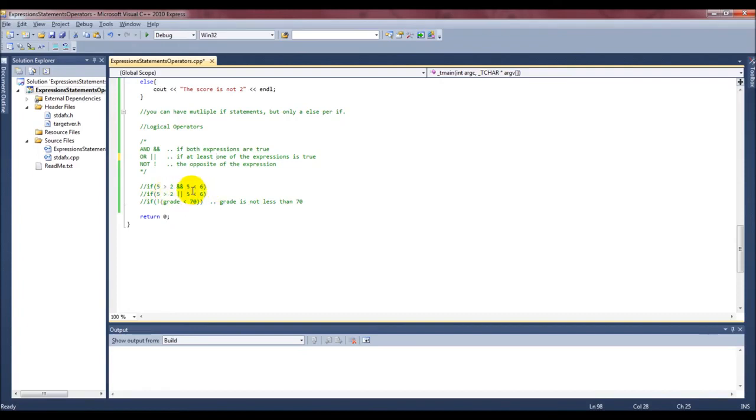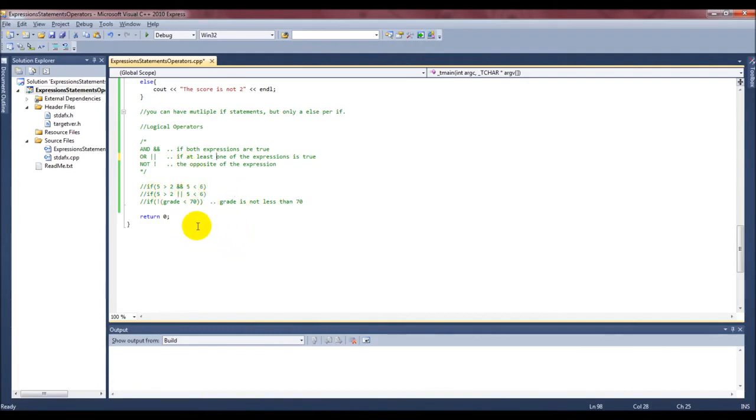So both happen to be true, so therefore this statement will evaluate to true. Now if one of these happens to be false, the other side is still true, so it still would evaluate to true. The only time this if statement will evaluate to false is if both sides were false. Okay?